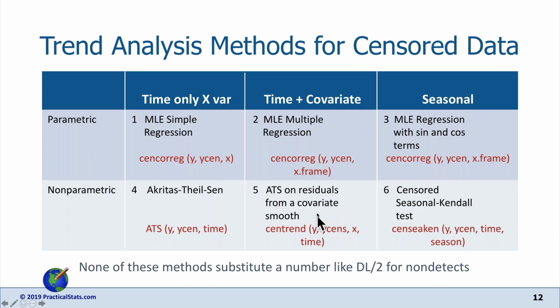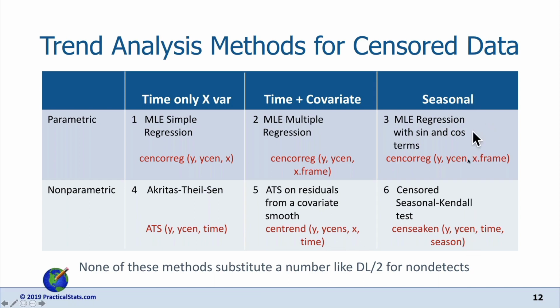So we're going to use something to relate to that covariate, subtract off that covariate effect, and then run the ATS trend test on the residuals. And in red here are the names of the functions in R that I've written that will run these, and they come as part of the Nondetects and data analysis course. So there's a 6.Trend function for what I just said.